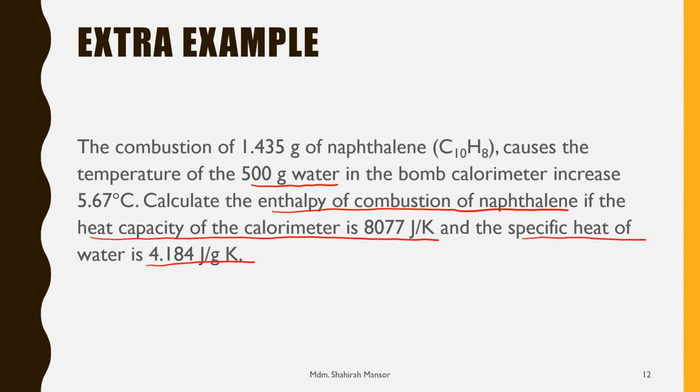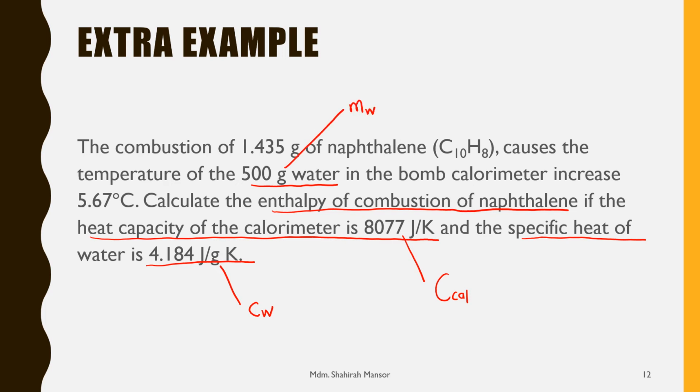So dalam soalan ini kita ada information tentang heat capacity of calorimeter. So this is capital C calorimeter. Kita ada specific heat of water. So this is C small, C kecil, C untuk water. Dan kita ada here mass of water.